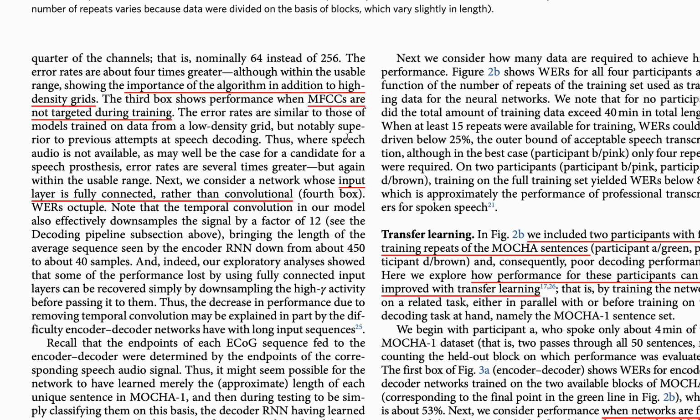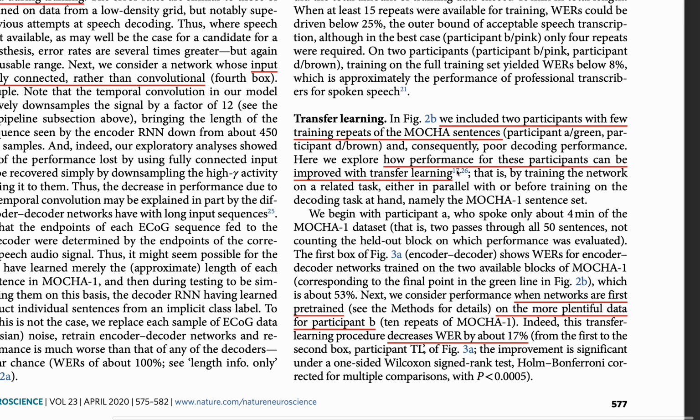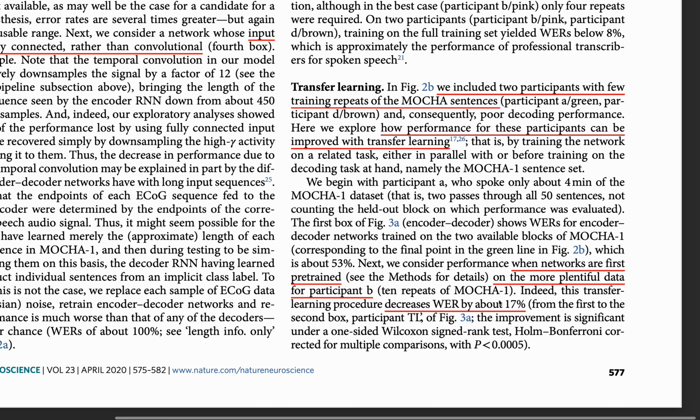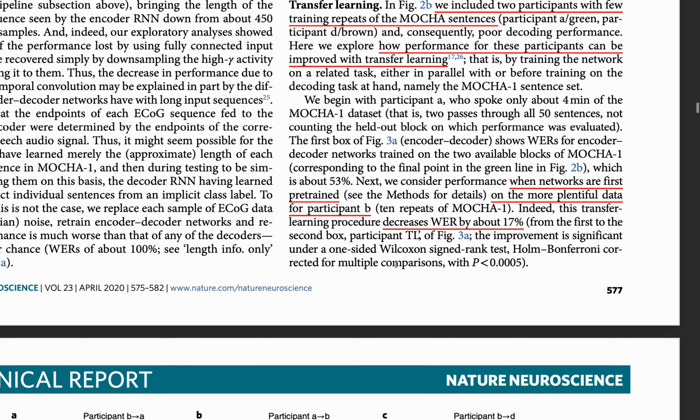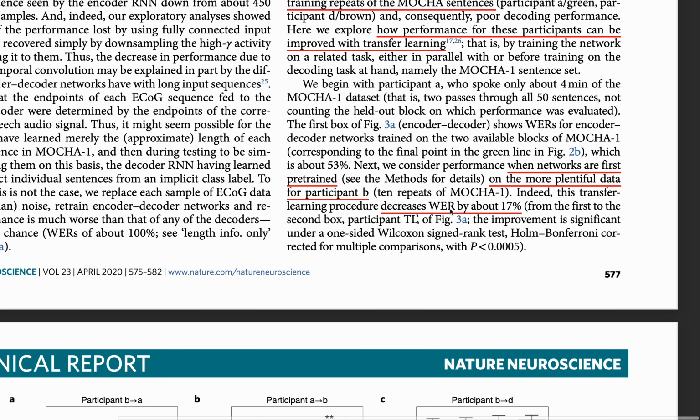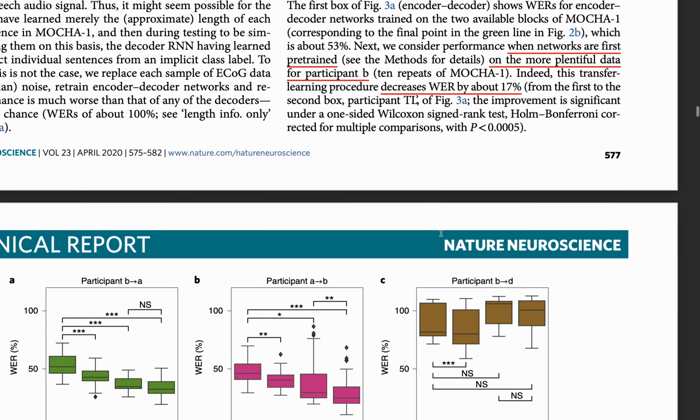The second thing they try to do is use data from a different subject and see if they can add that information. So they use information from participant B, and that decreased the word error rate by some fraction.